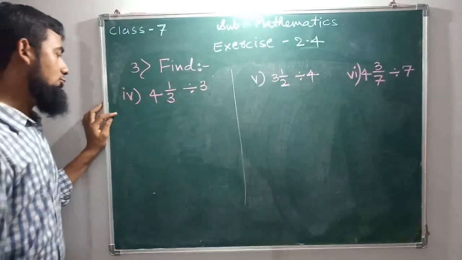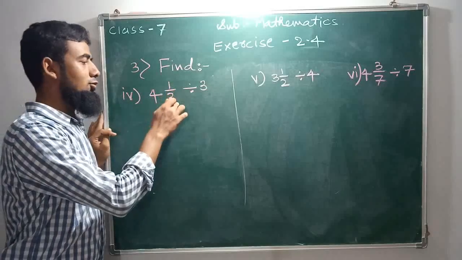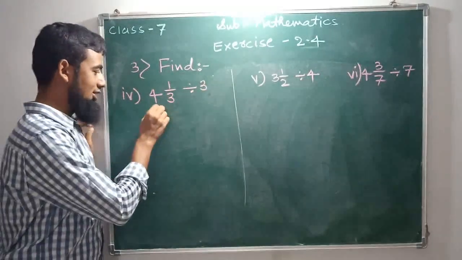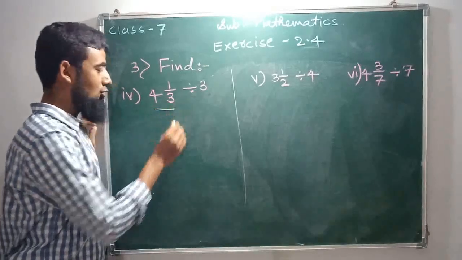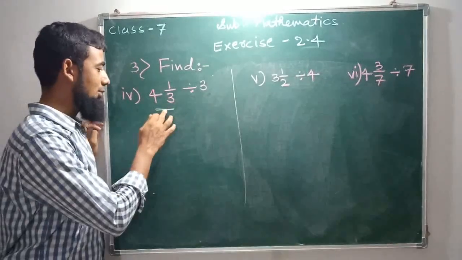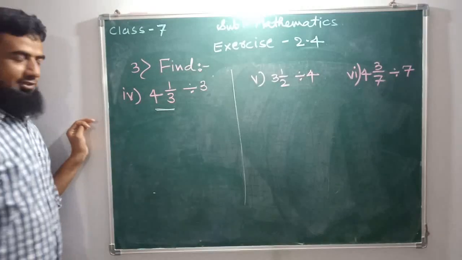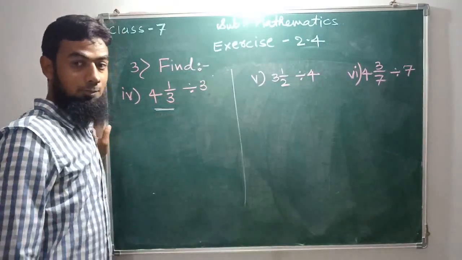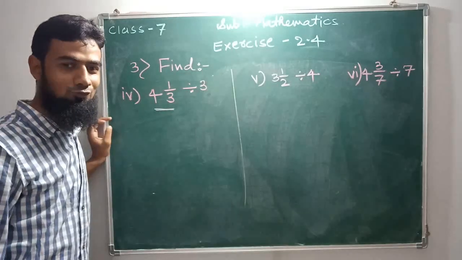Question number 4. 4 integer 1 upon 3 divided by 3. Okay, my dear student, tell me what kind of fraction this is. Yes, this is a mixed fraction. If you are given a mixed fraction, what do we have to do first?